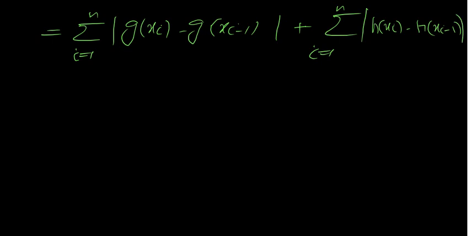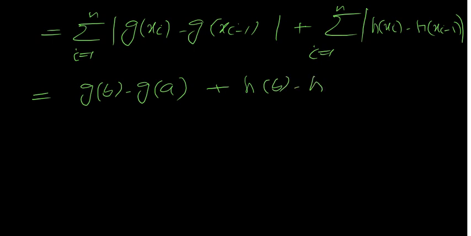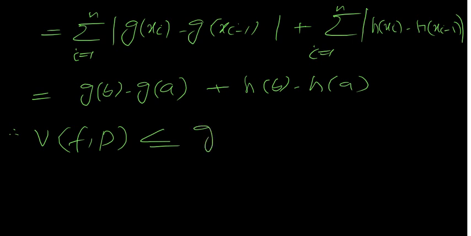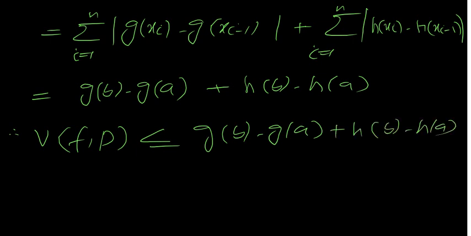But since g is monotonic and increasing, this sum, which we have already seen, is equal to g of b minus g of a, the endpoints. And h is also monotonic increasing, so it is equal to h of b minus h of a. Thus the variation for any partition P is independent of the partition. It's this number g of b minus g of a plus h of b minus h of a for any partition P of [a, b].